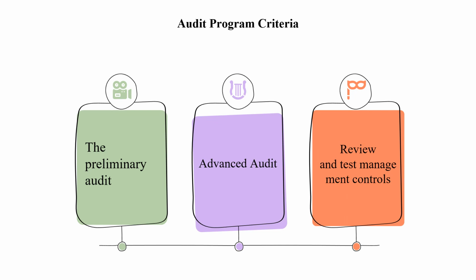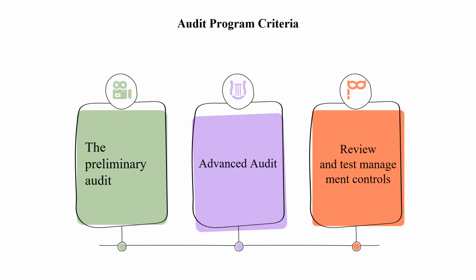Program criteria. First, the preliminary audit: preliminary conversation with the object being audited, collection of general information, review of regulations, evaluation of work procedures and operational systems, preliminary testing of the information obtained to identify the purpose of the interim audit, and making a summary of the preliminary audit results.